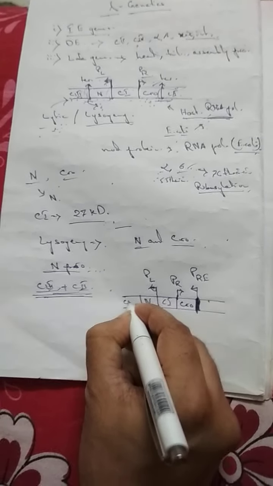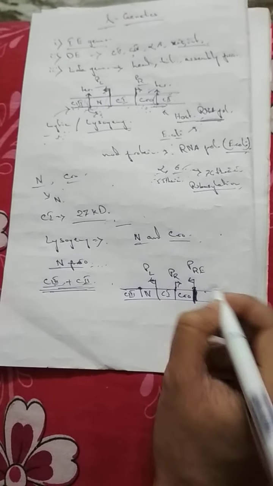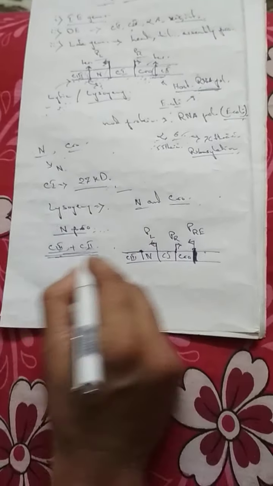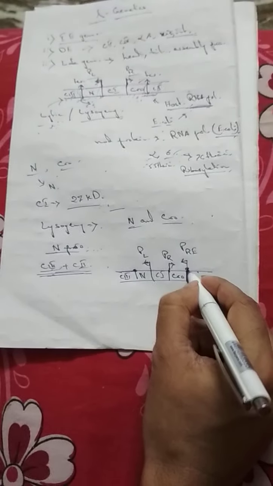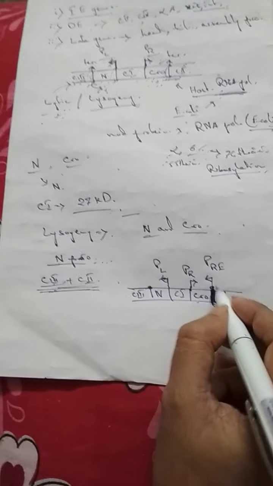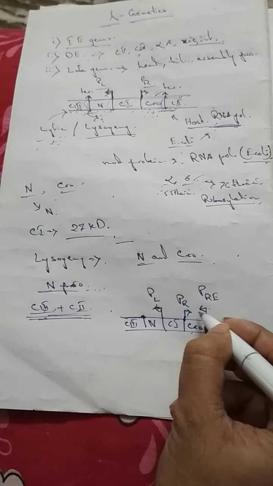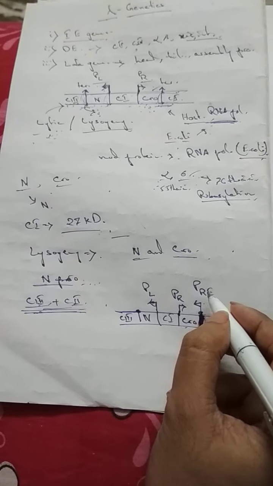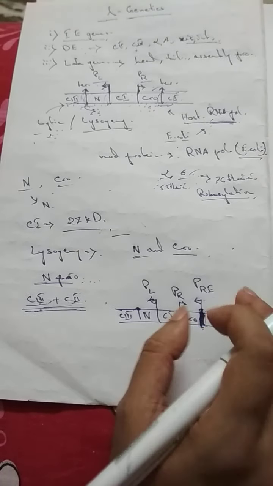Here is the C3 also, and there is a termination sequence here and another termination sequence. So the C3 and C2 dimers bind at the operator just downstream of the CRO, and here is also a promoter located in the opposite direction of the PR, termed PRE. What is the full form of the PRE?